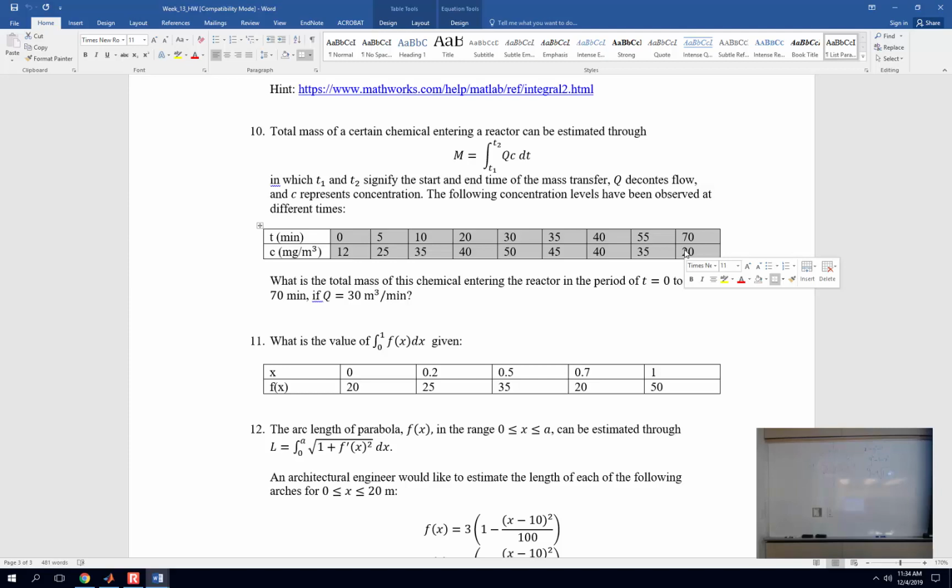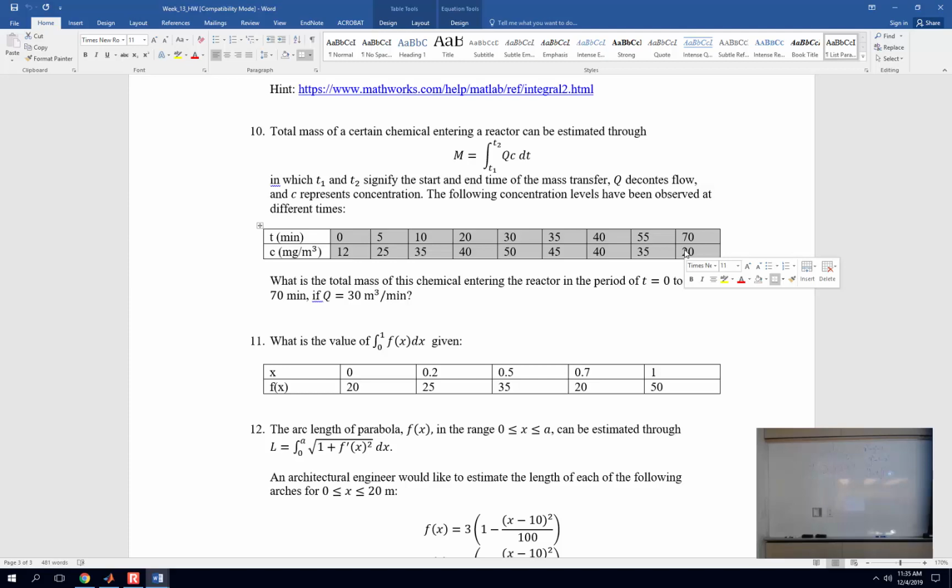And we have a bunch of points. So when we have a bunch of points, the only method that you can use is trapezoid. So you have your t values, you have your c values, trapezoidal. Is it c comma t or t comma c?